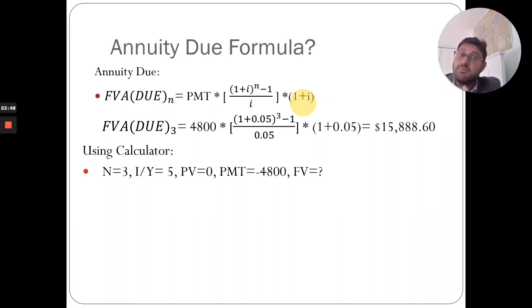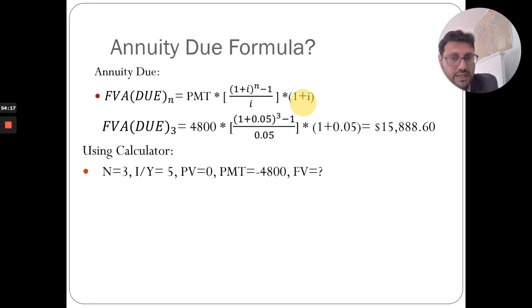So again, the final lump sum payment in case of the annuity due is more than the ordinary annuity, because in case of the annuity due, each cash flow has the opportunity to grow by 1 more time period, right? So it's very logical that 1 more interest rate has been added to each of the cash flows, right?